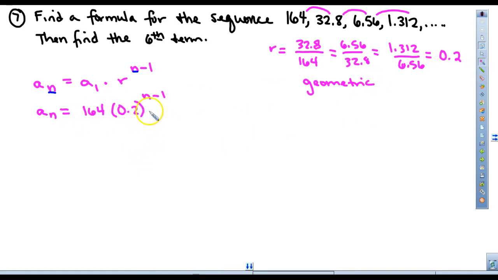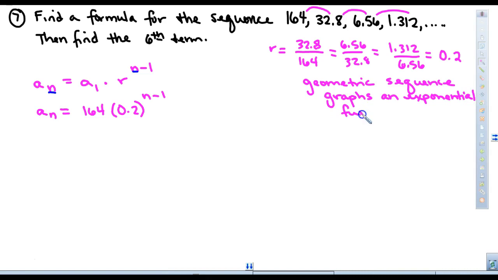So this is your formula, but we are going to get this into a different form. We're going to get this into the form of an exponential function, because the geometric sequence graphs as an exponential function. I'll show you what I'm talking about.